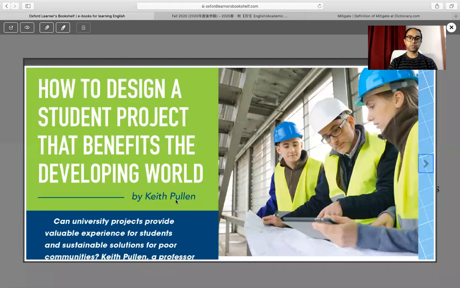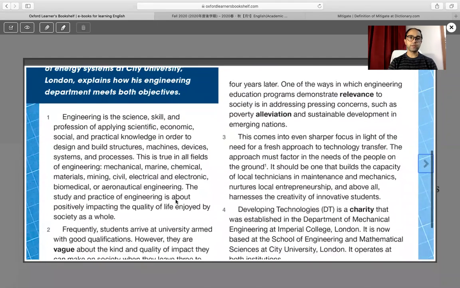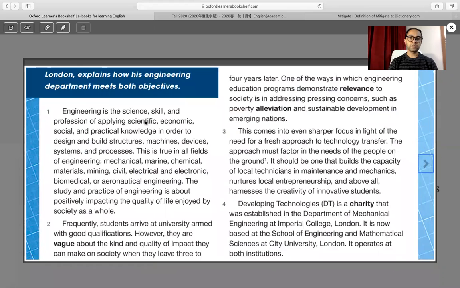I'm going to show you the first paragraph here. First paragraph. Engineering is the science, skill, and profession of applying scientific, economic, social, and practical knowledge in order to design and build structures, machines, devices, systems, and processes.